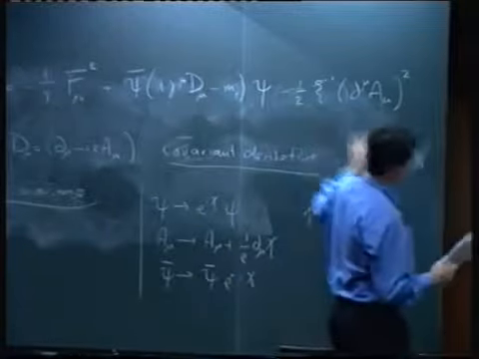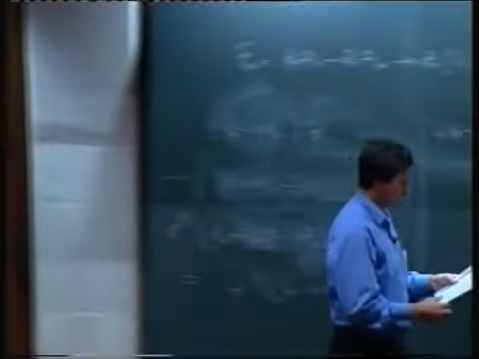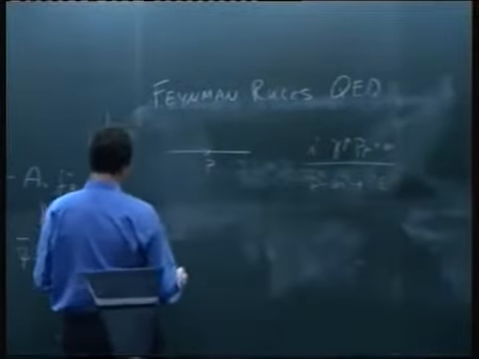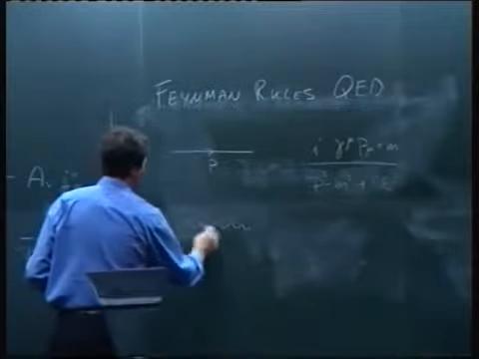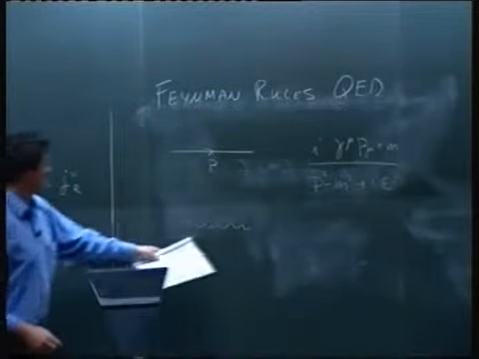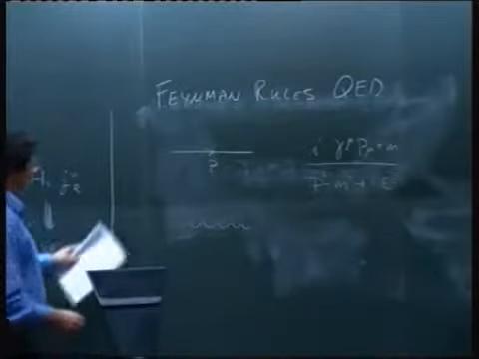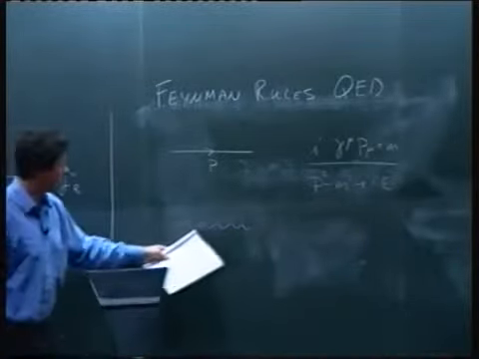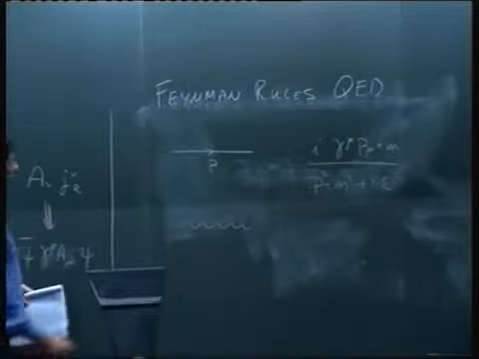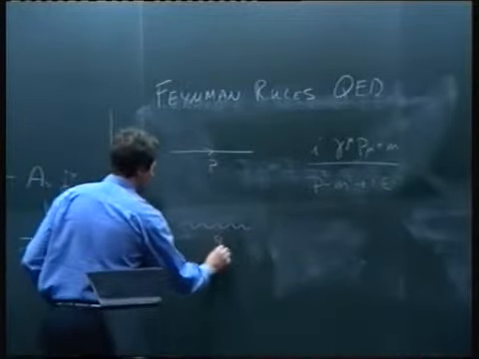Well, with this choice of gauge fixing term, the propagator for the photon, for which I'll use a notation with a wiggly line. The photon doesn't carry any charge, so I won't put an arrow on this, but it does carry a momentum q.